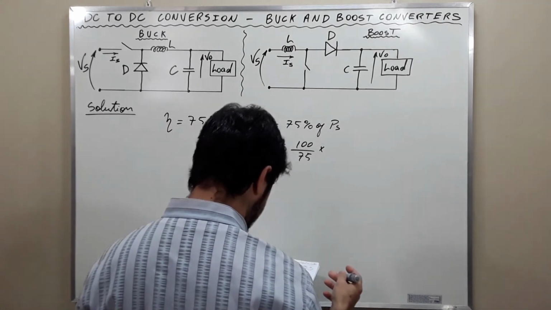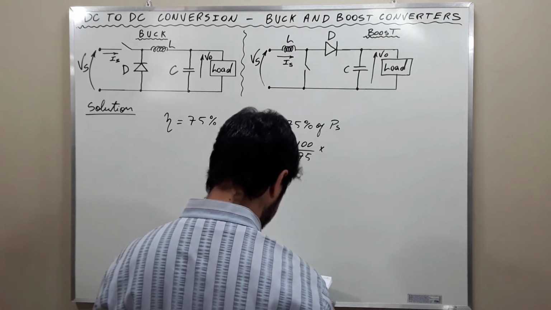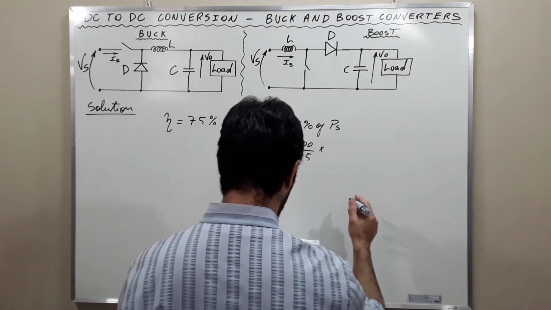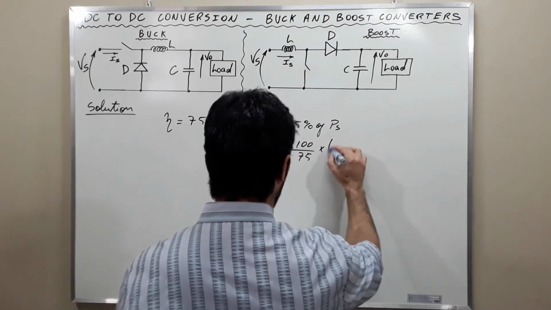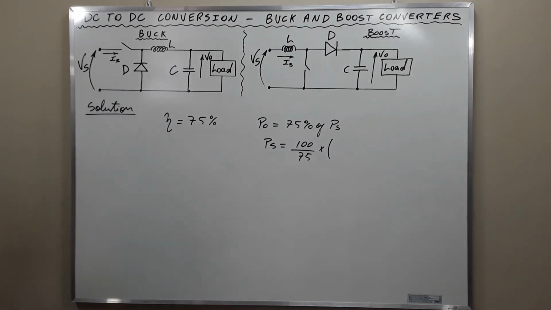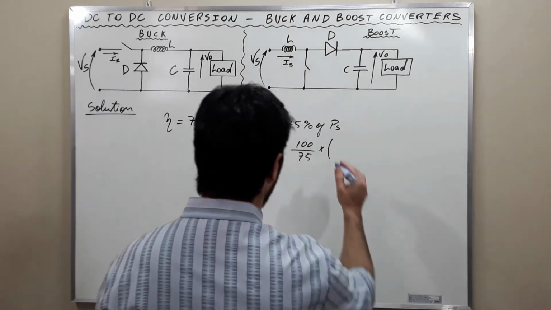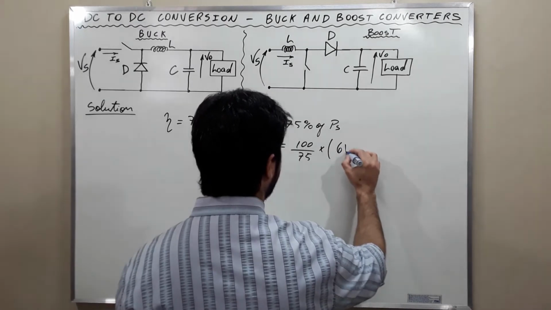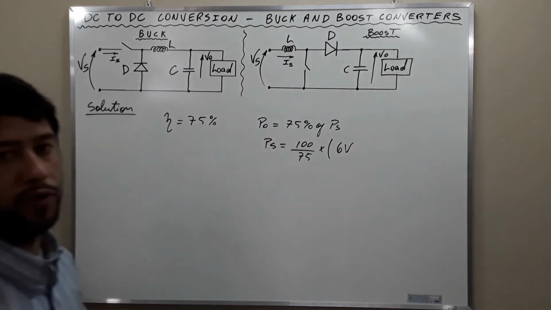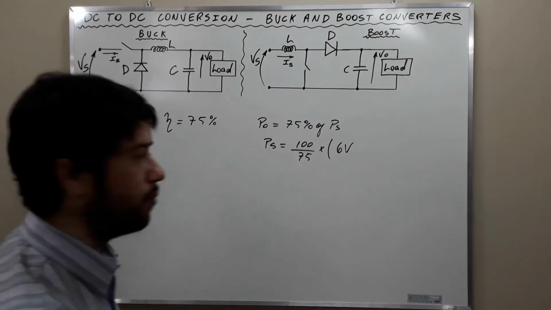And the output power is the product between the current and the voltage of the load. And the problem said that the output voltage is 6 volts and the output current is 5 amperes.